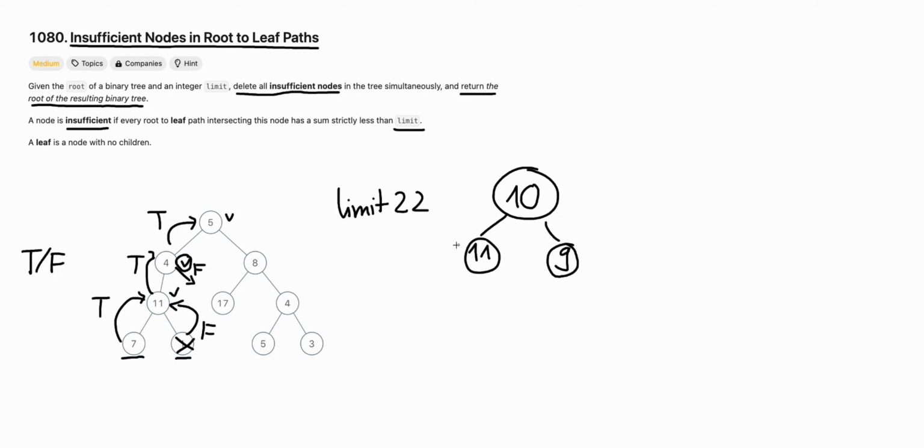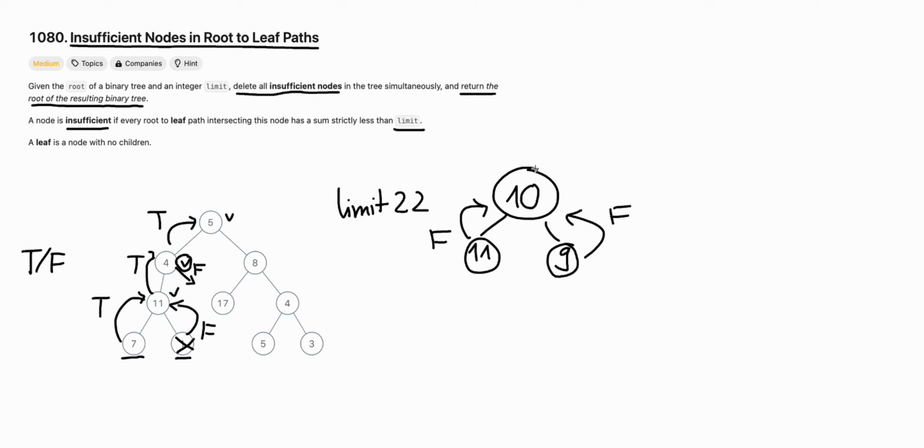Okay. However, here let's say we still have the limit of 22, and then we have the special case like 10. Let's examine this tree, and here we have 9. We can see that this part will feed back to the parent with the value of false, and here also the value of false.